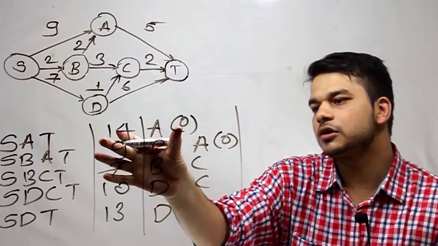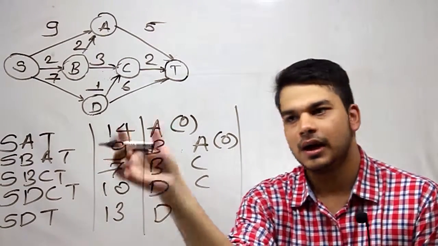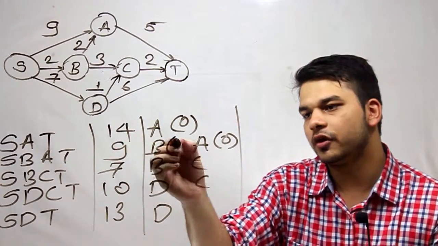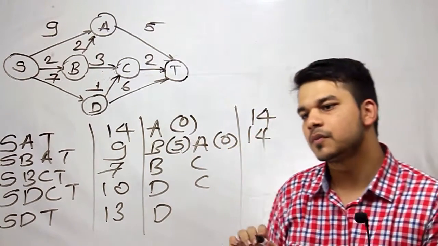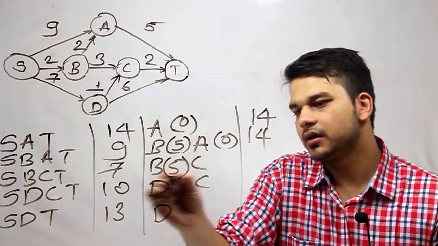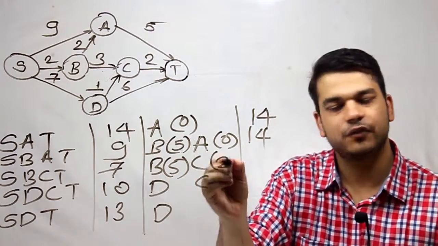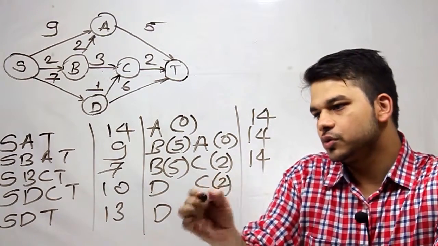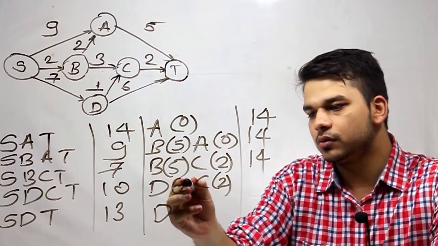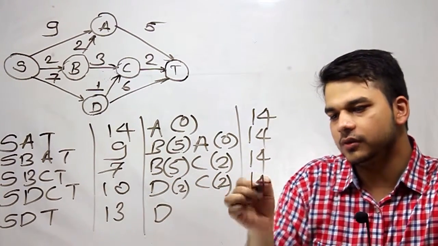And in order to make this as 14, I'll have to keep the toll of B as 5. So this is 14, this is 14 now. If B is 5, this will become 12. So C will have to be 2. So again this is 14. If C is 2, then D will have to be 2. So this will again be 14.